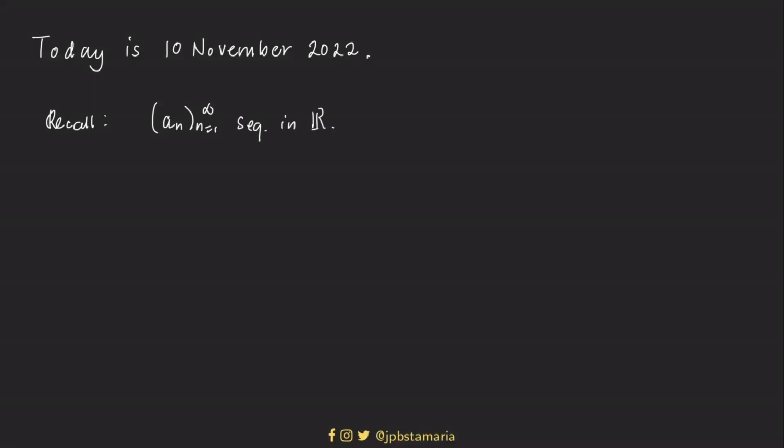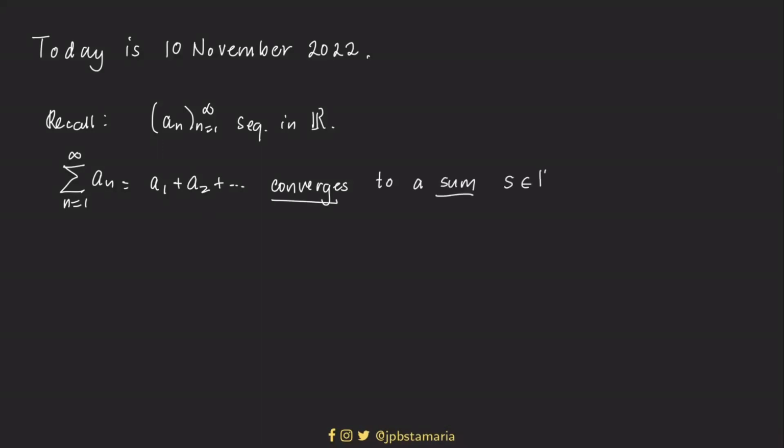We will say that this infinite series of numbers, usually written in this manner, converges to some number s if and only if the sequence s sub n converges to s.